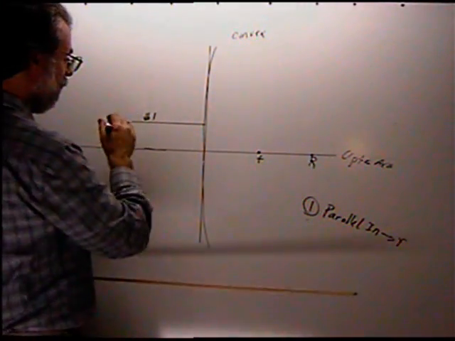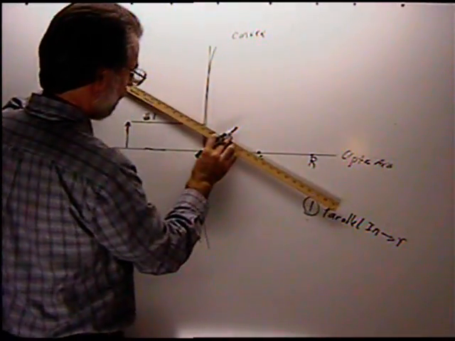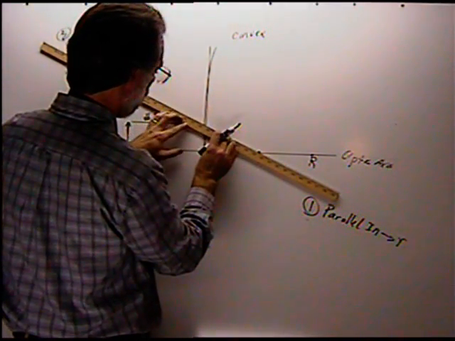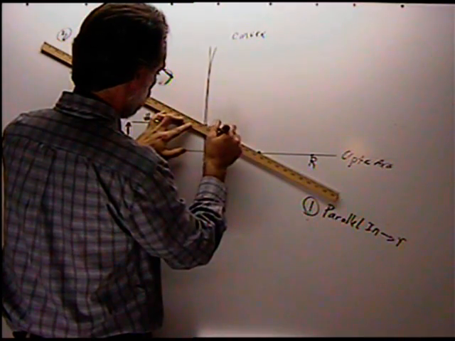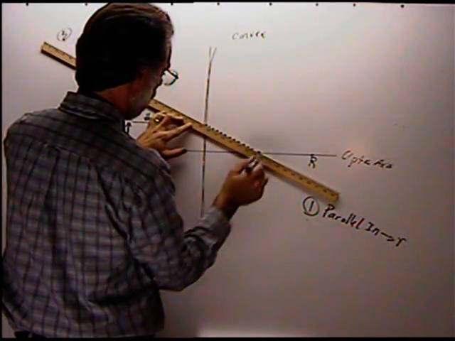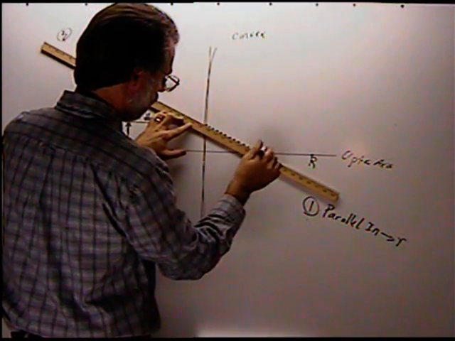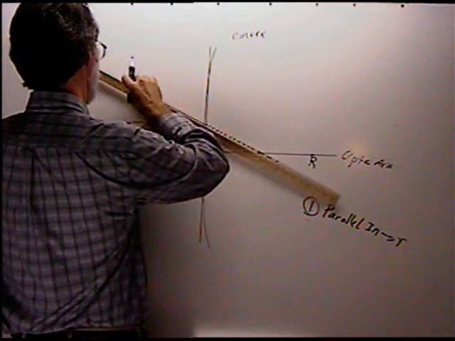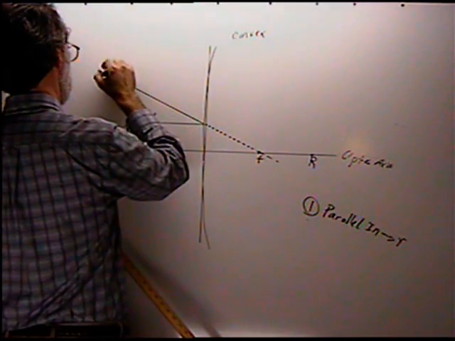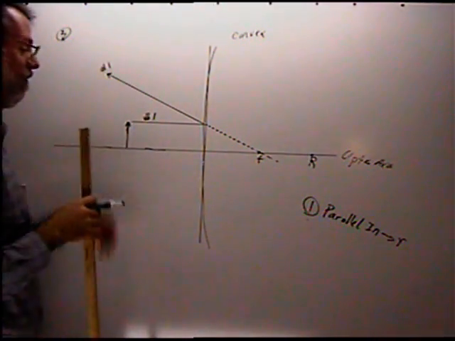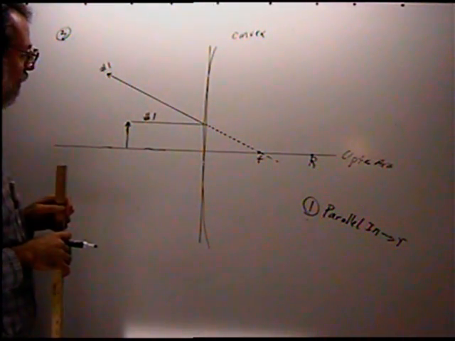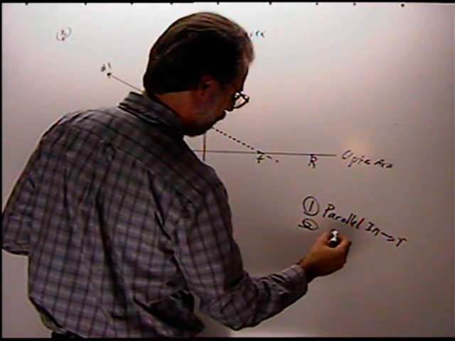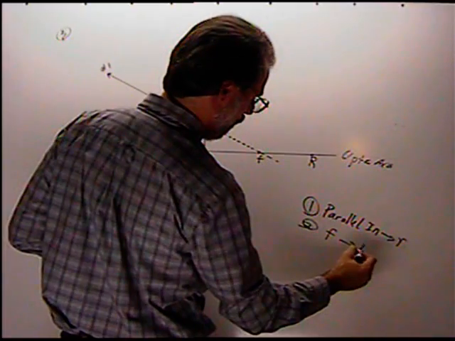Okay, so parallel in, but it's going to act like it's coming through the focal point coming out. Okay, so notice that's a virtual ray through the focal point, but then it bends out. There is ray number 1. I apologize. Okay. Ray number 2 is through the focal point and then parallel out.